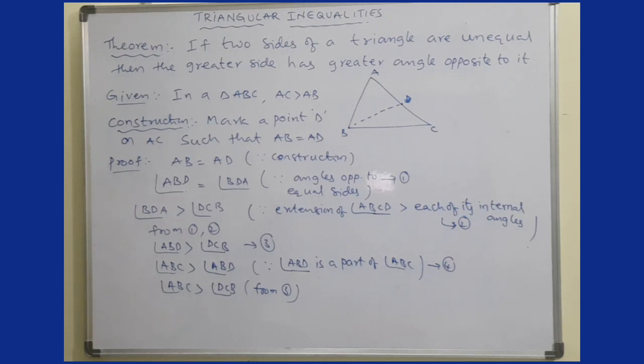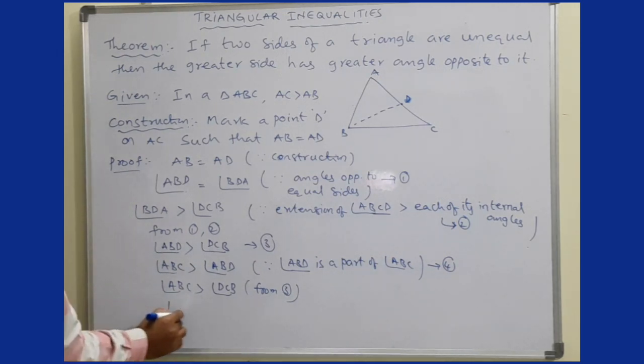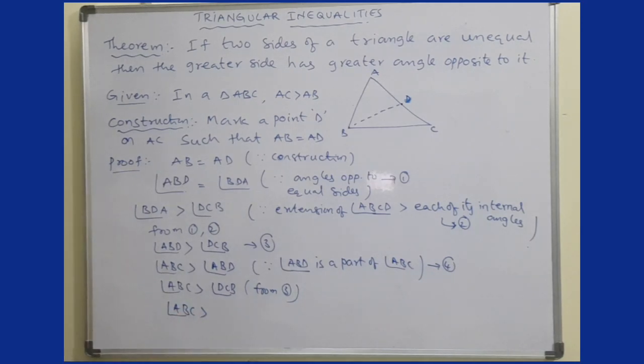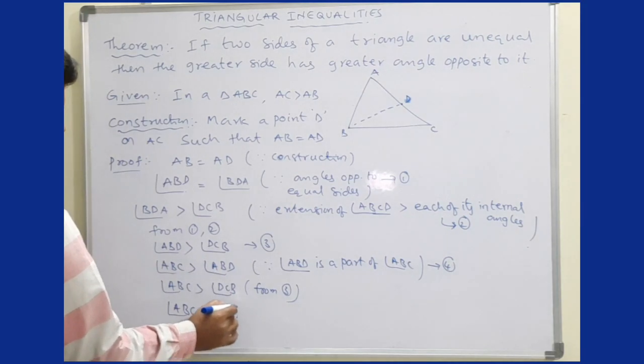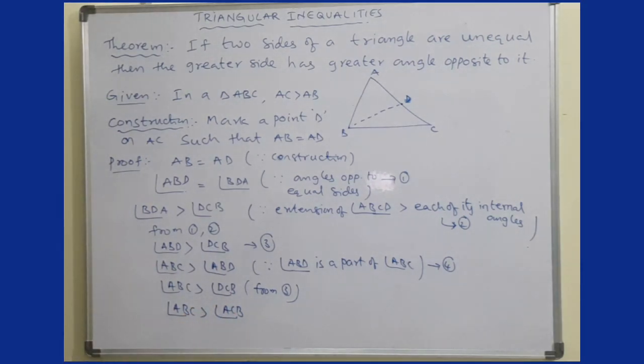So finally, angle ABC is greater than angle ACB.